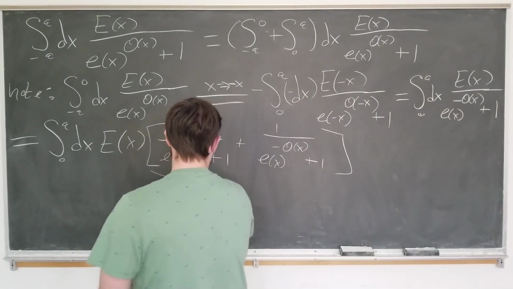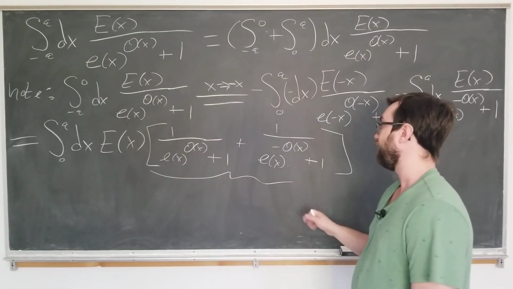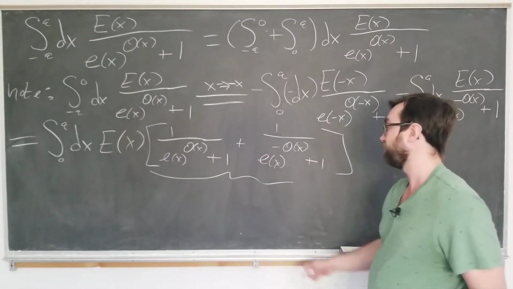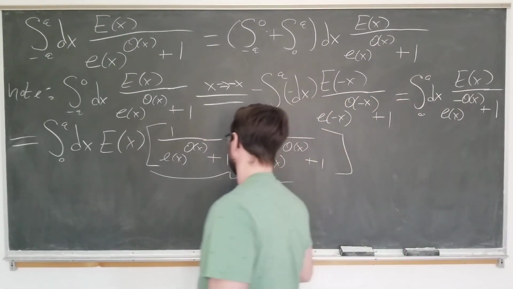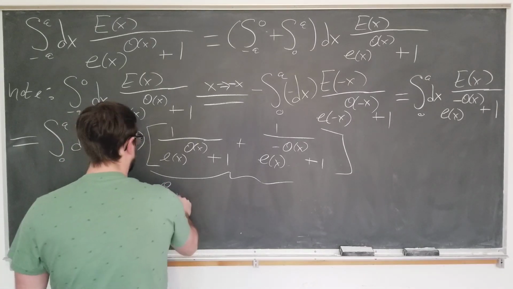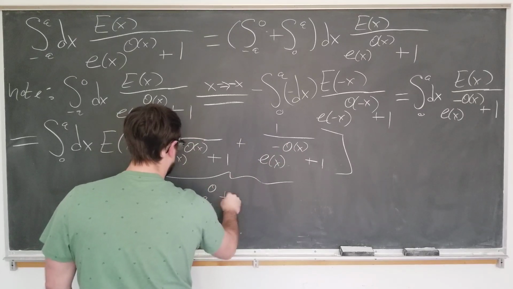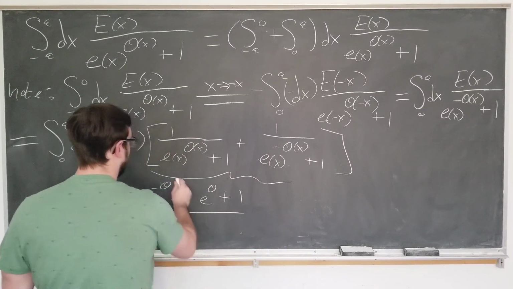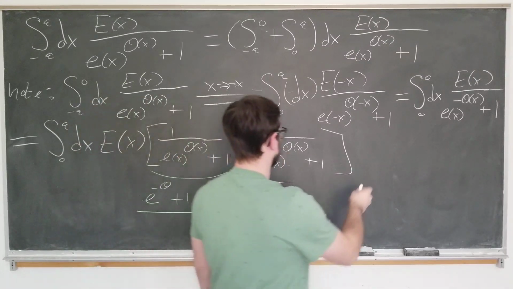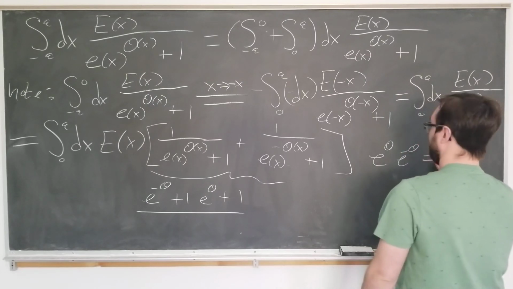Well, we're going to put it over a common denominator, which is the product of these two denominators, by multiplying this by this. So we get e to the minus O plus 1, multiplied by e to the O plus 1, in the denominators. We multiply these two together, so we have e to the O times e to the minus O, which is of course 1.